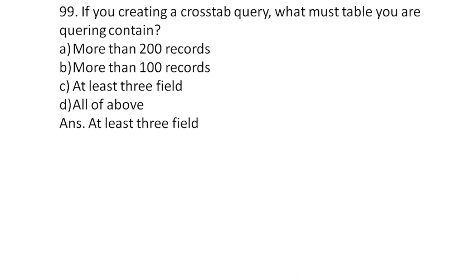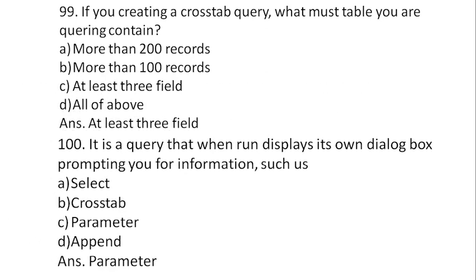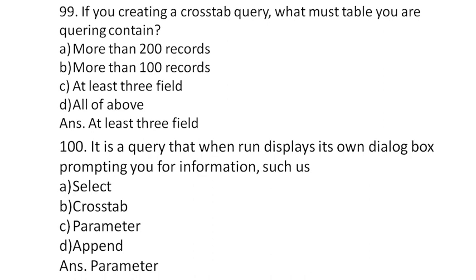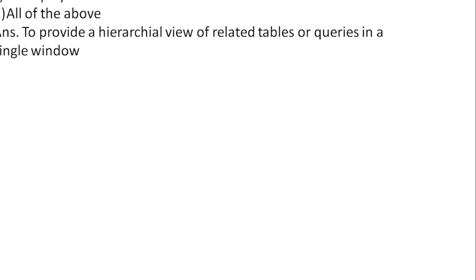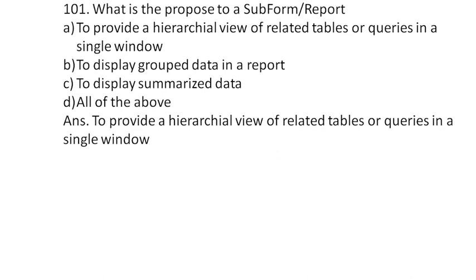If you are creating a cross tab query, what must the table you are querying contain? Answer: at least 3 fields. Next, it is a query that when run displays its own dialog box prompting you for information. Answer: parameter. Next, what is the purpose of a subform or report?